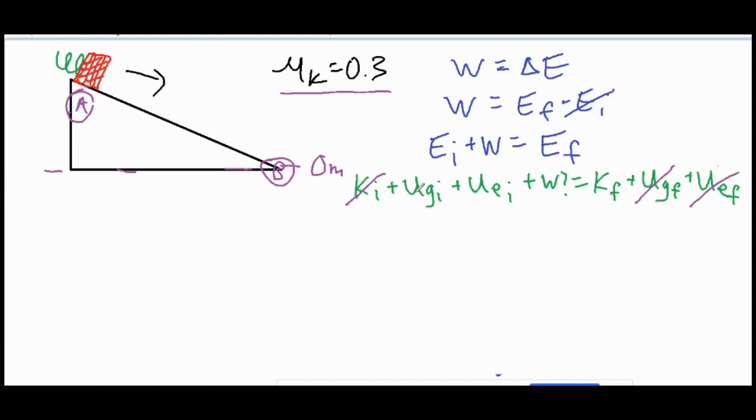So what you would typically do is you would expand everything out into its full formula. So you would have mgh naught or h_i, and then 1/2 kx squared plus the work. And the work is going to be the force times the distance.